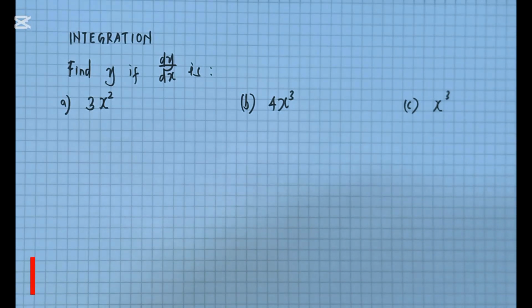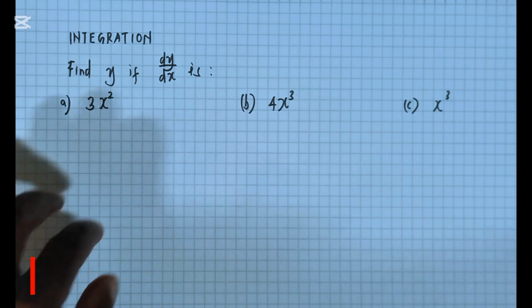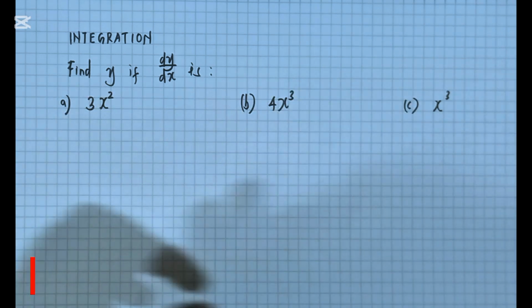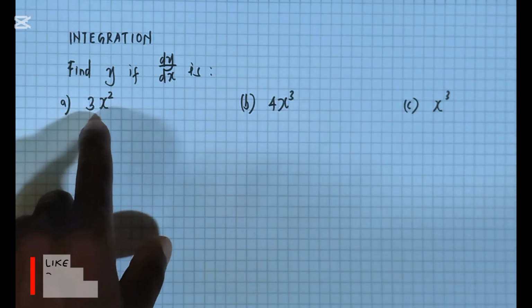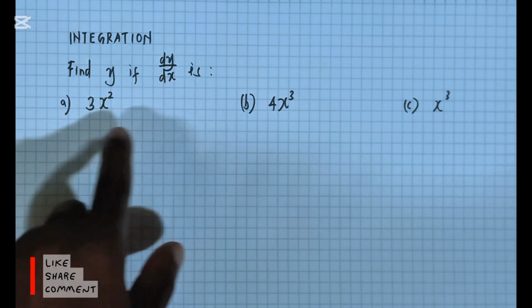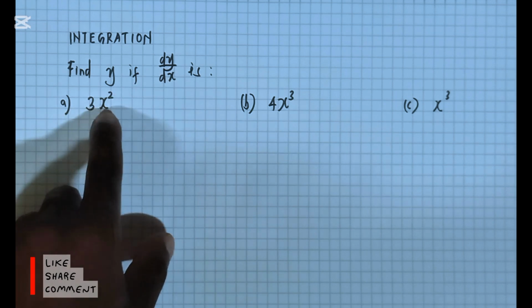So we shall be handling a new topic, and that is integration, which basically is the reverse process of differentiation. In this particular example, we have three derived functions. For A, the derived function dy/dx is equal to 3x squared.